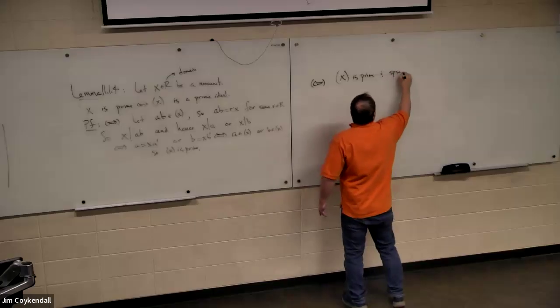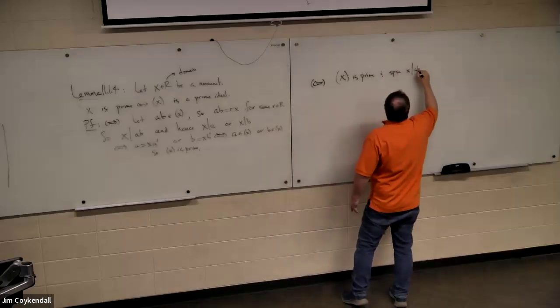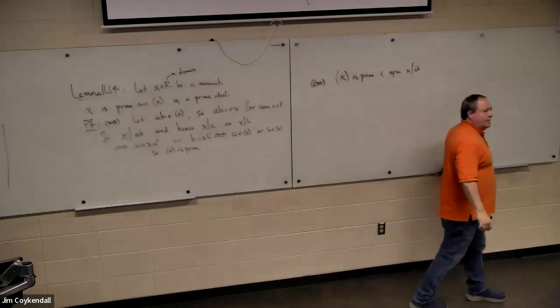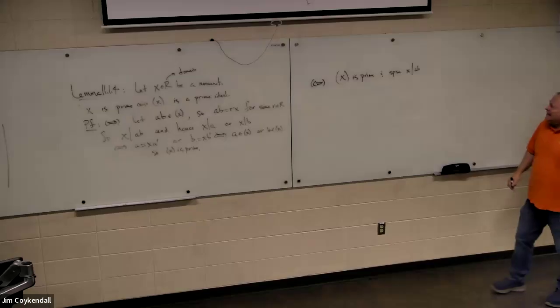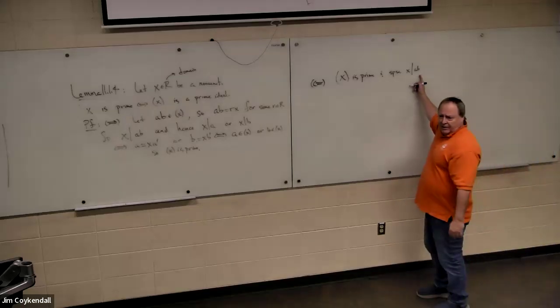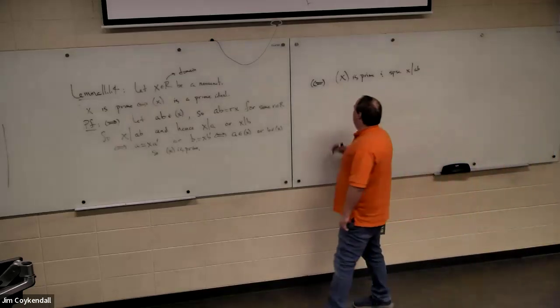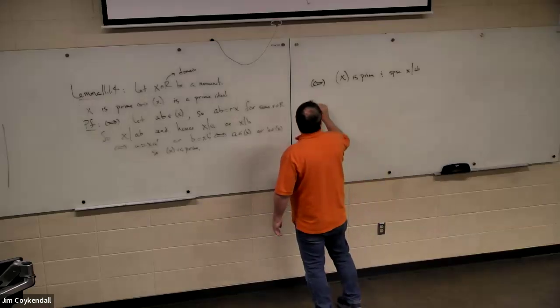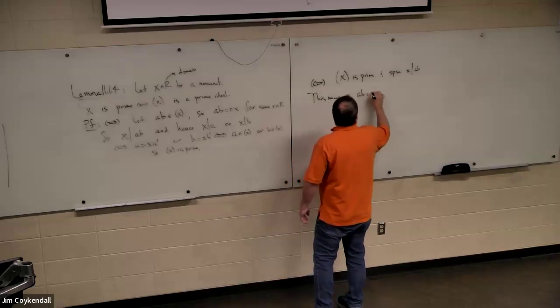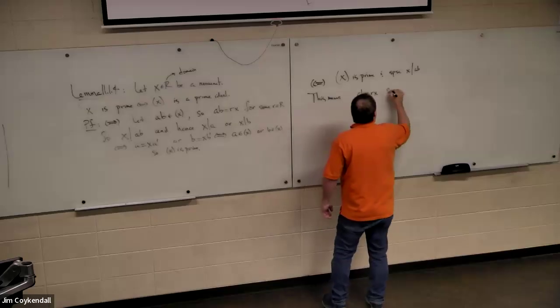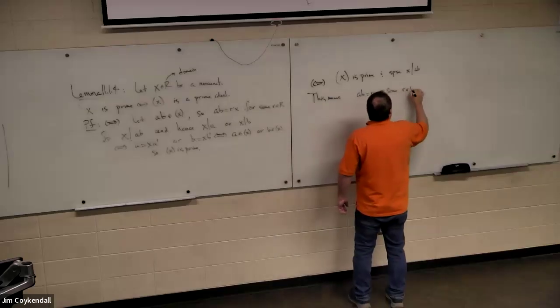And suppose X divides AB. This is going to look very similar. X divides AB, so AB is Rx for some R in the ring.